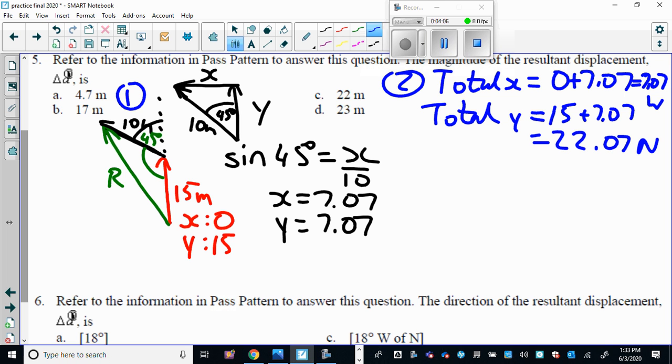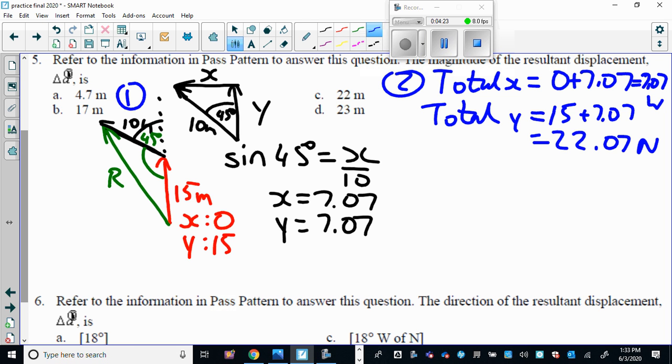All right, I've added those. The total x is 7.07 west, and the total y is 22.07 north. And just a reminder, you have to make sure that you take note of the signs.